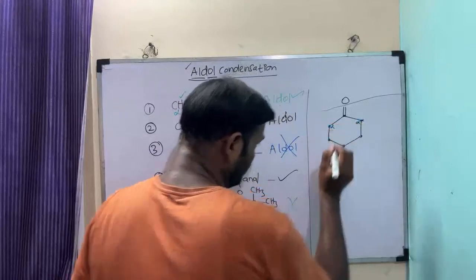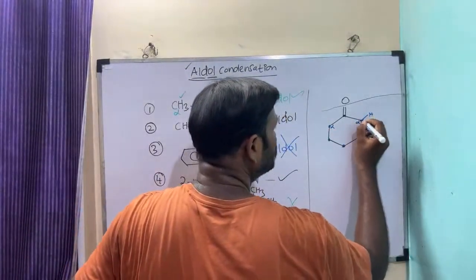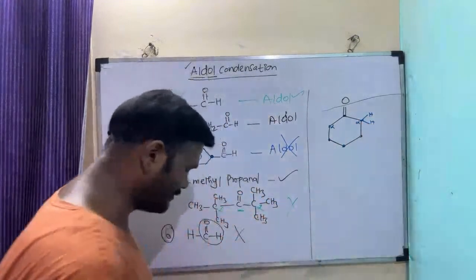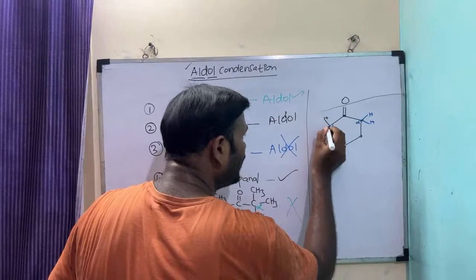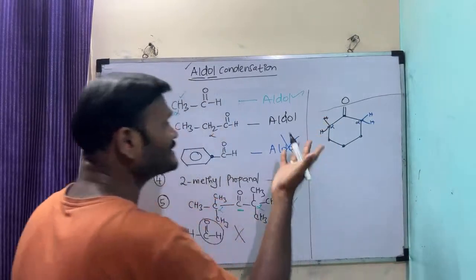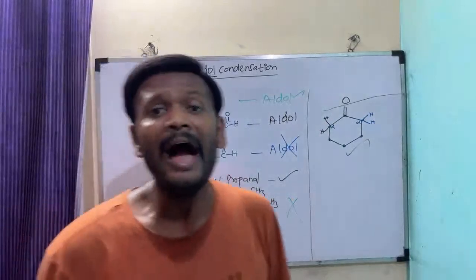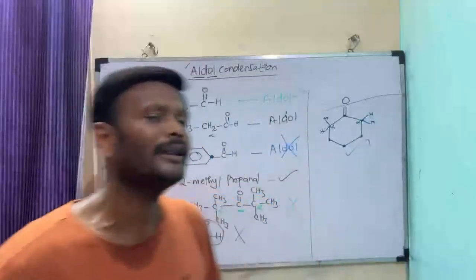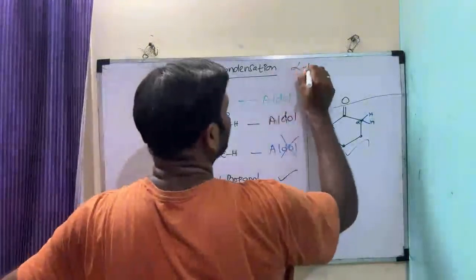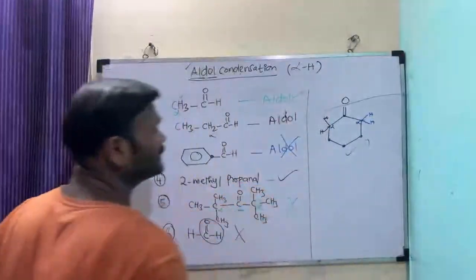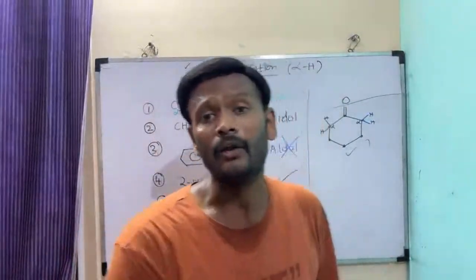This is an alpha carbon, and in that alpha carbon we have 2 hydrogens, and on this side also two hydrogens. So it consists of alpha hydrogen, and definitely this molecule is going to be involved in aldol condensation. The very important condition is that it must have alpha hydrogen. Alpha hydrogen containing aldehydes and ketones are involved in aldol condensation.